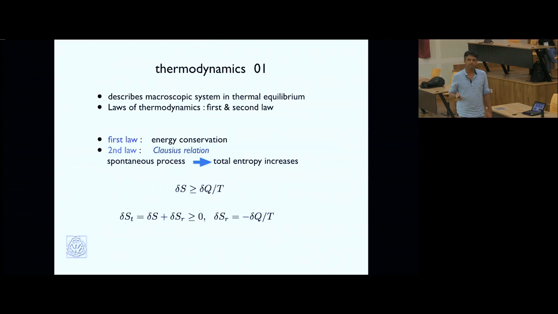If we write it down in that fashion, the reservoir entropy production is supposed to be the heat. So in my notation, the system absorbs the heat and increases its energy. So heat released by the reservoir to the system is the entropy production in the reservoir.